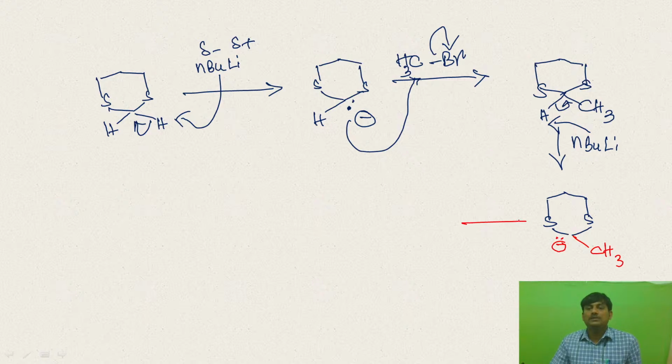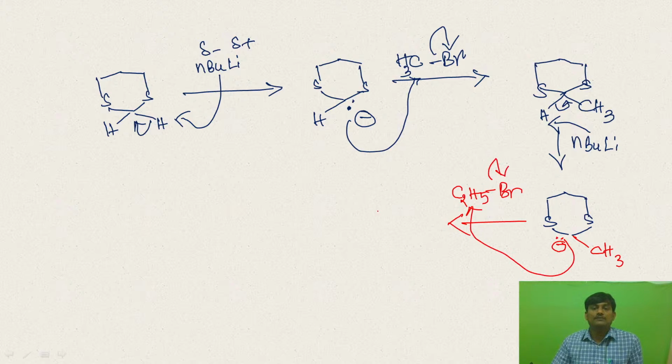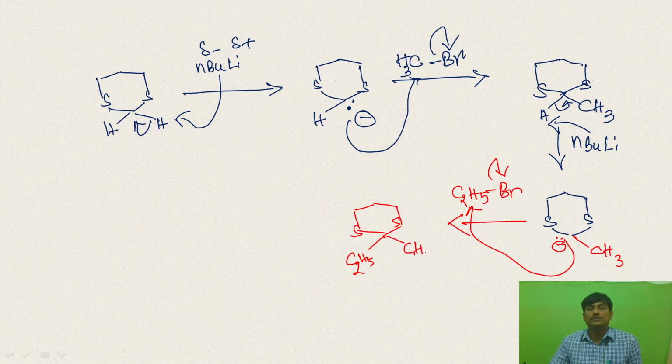Okay, when you treat with, let's take another alkyl bromide, that is ethyl bromide, here there is a nucleophilic substitution reaction. So there is a formation of ethyl methyl substituted 1,3-dithiane. Here you have an ethyl group, and here you have a methyl group.